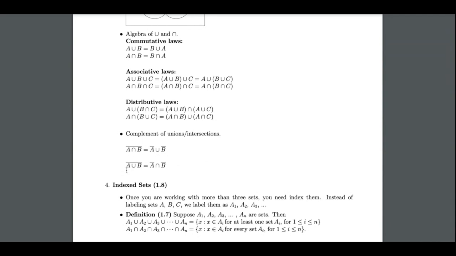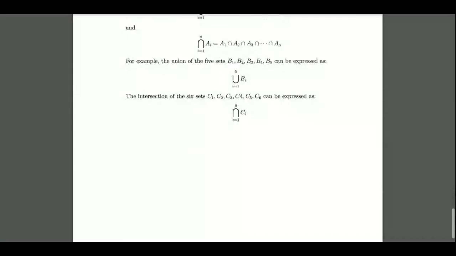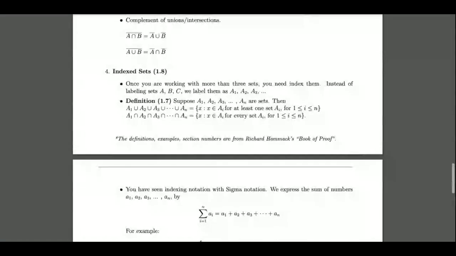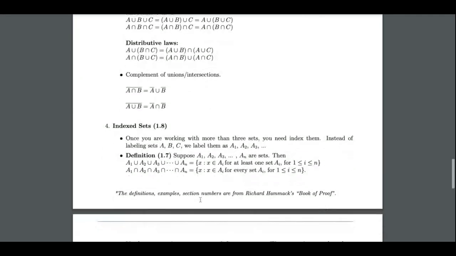And the complement of A union B is the complement of A intersect with the complement of B. People call this De Morgan's law, D-E-M-O-R-G-A-N, a person's name. He proved this.